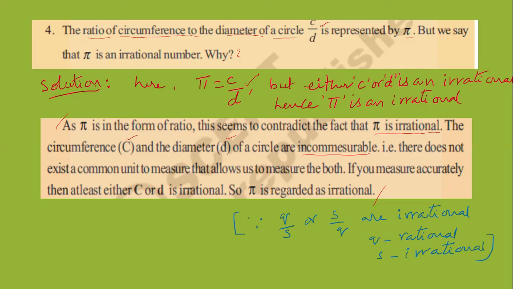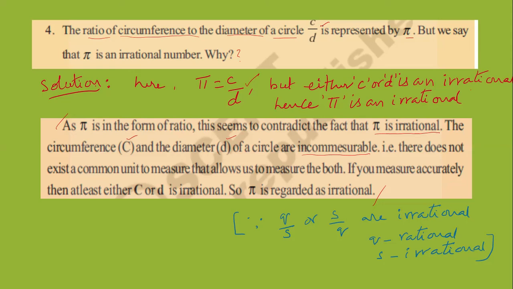Hence, if you measure these two, you may observe that among C and D, any one of these two is not rational. The numerator and denominator need to be integers, but when measuring them there is no proper common unit to measure perfectly.